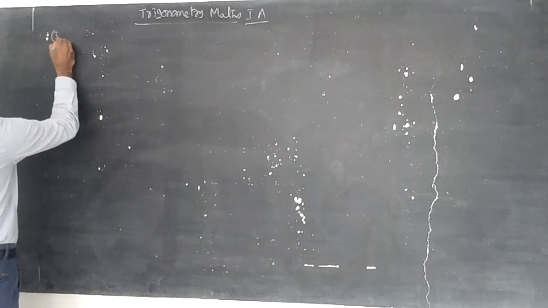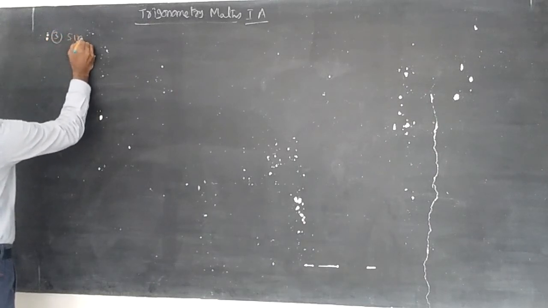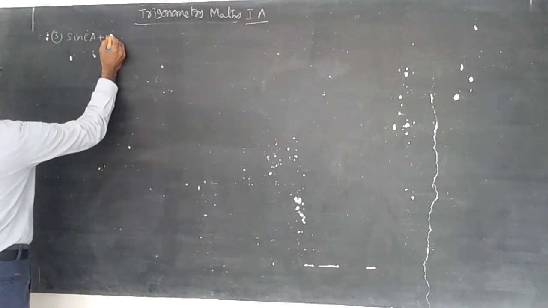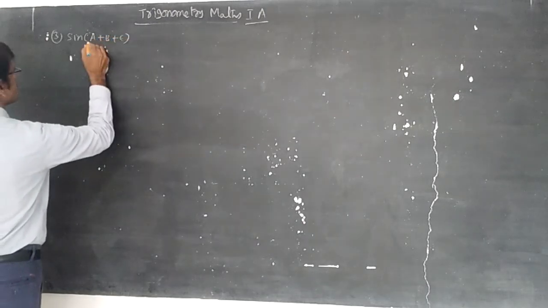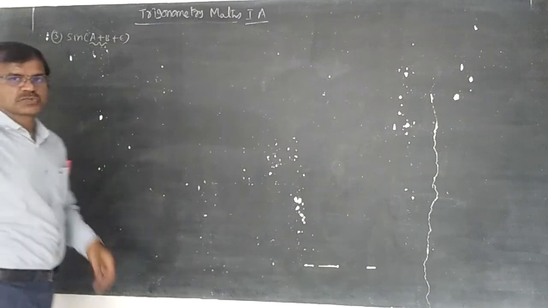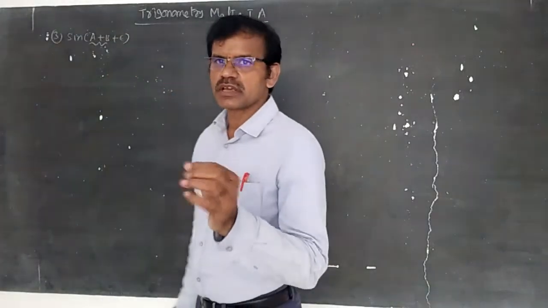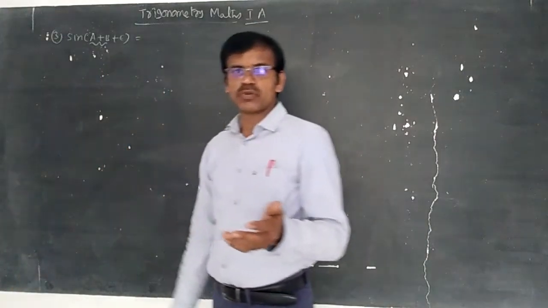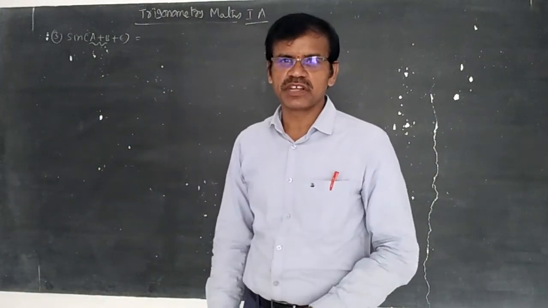Third formula, sin of A plus B plus C. Let us prove this one. A plus B, take a group. Of course, A separate group and B plus C separate group also you can take, no problem.